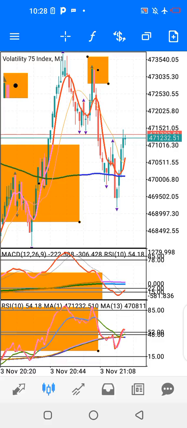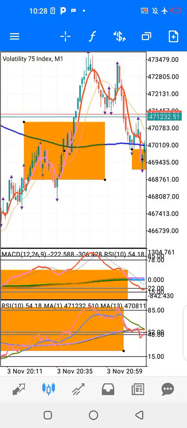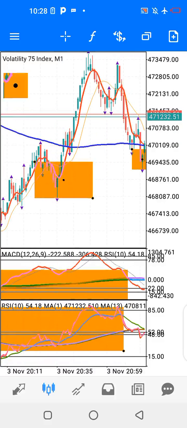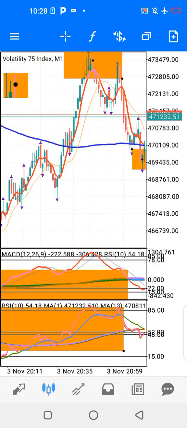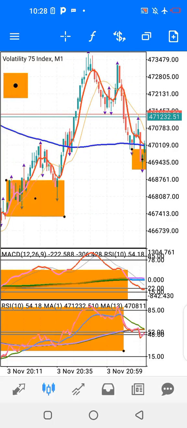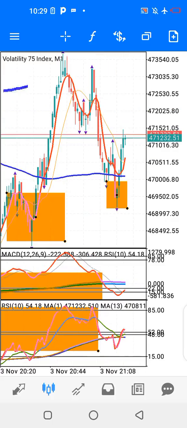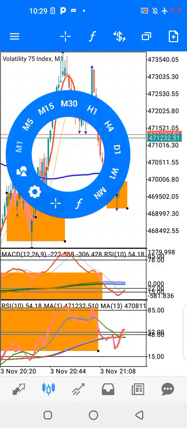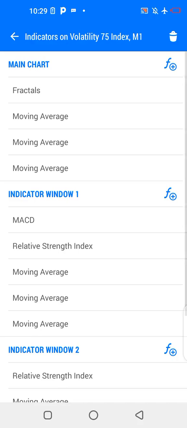It's always telling me, oh, price has rejected that level. Probably I have a support or a resistance. So that's the work of fractals on my chart. It's a very good indicator.